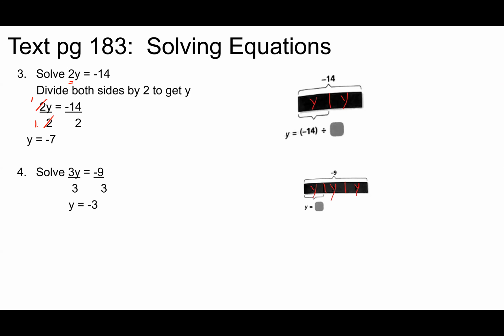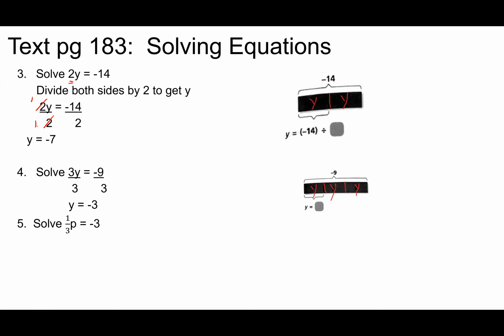Okay. Now let's switch it up here, you guys. Next one we have is 1/3 p equals negative 3. I want that 1/3 p to be 1p. What do I do? Multiply, divide, help me out. Yes, I'm going to multiply by the reciprocal, which is 3.